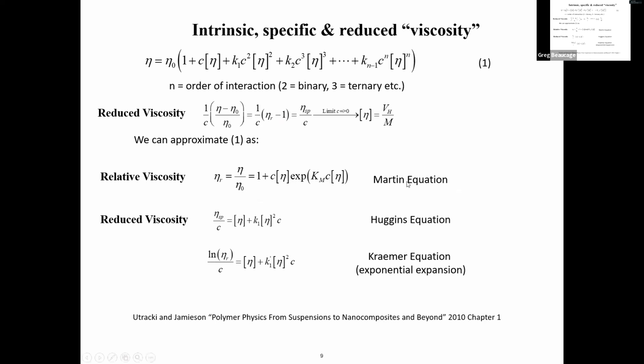So there's a variety of equations that people have used. I mean, you'll see them. This Kraemer equation is kind of famous. Huggins is like the Flory-Huggins equation guy. There's books on this too, the Jamieson and Utracki book on this business.